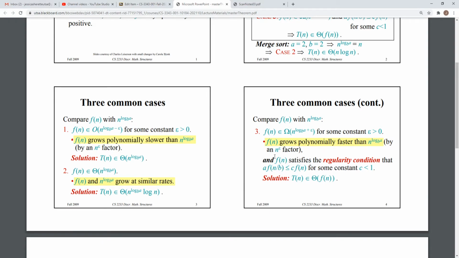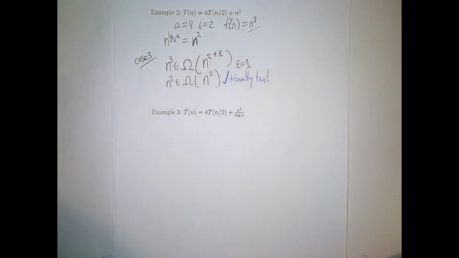This is usually a very easy condition to run through. It really just takes a second, but it's easy to forget because it's a weird extra case. Okay, so let me write that down.